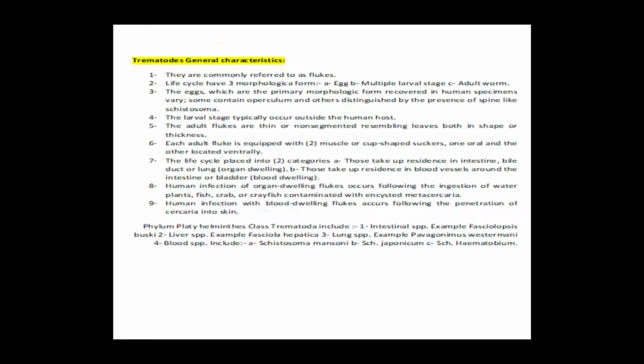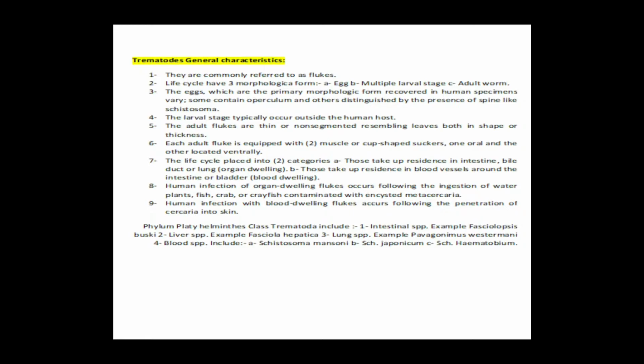Next slide. Now, general information concerning trematode parasites. You should know and imagine in your mind the information concerning each parasite. As a whole, the trematode parasites have many criteria.